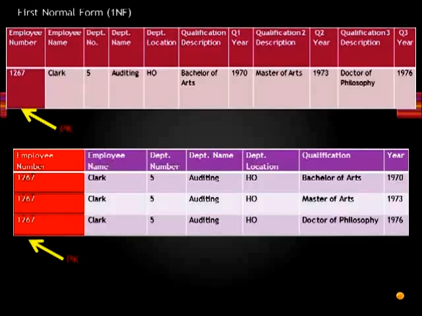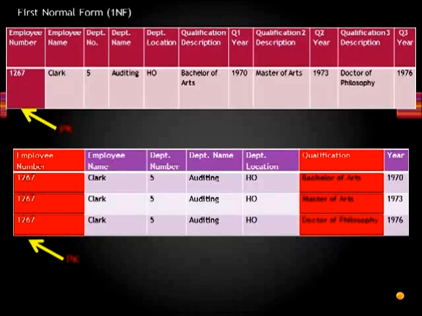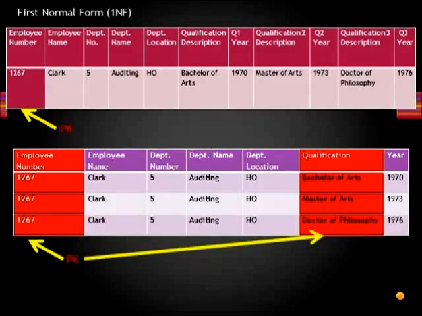So in order to find the primary key in the final result, we have to look at all columns and find a composite primary key for this table. By looking at this table, you will see that the combination of employee number and qualification can be a composite primary key for this table.